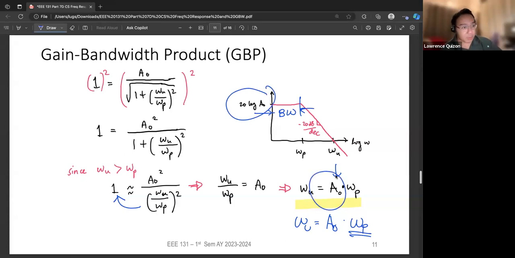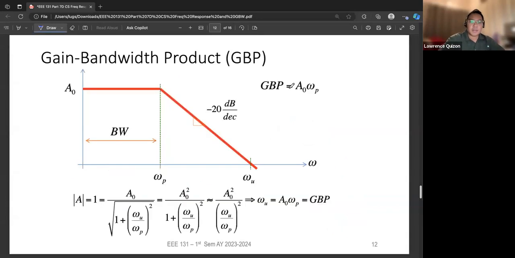This one is just A0. So yun lang naman, no? That's the gain bandwidth product. It's a way to calculate the unity gain frequency. So, omega P is actually your bandwidth for a single pole amplifier. If you multiply that with the gain, it gives you the unity gain frequency, your gain bandwidth product.